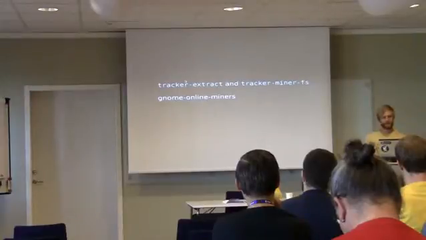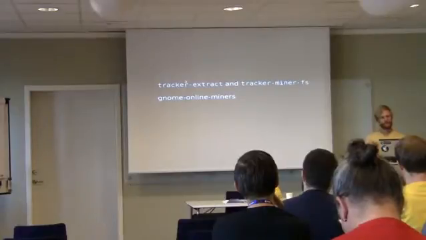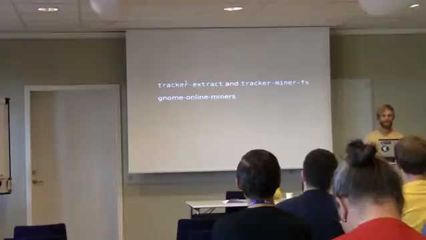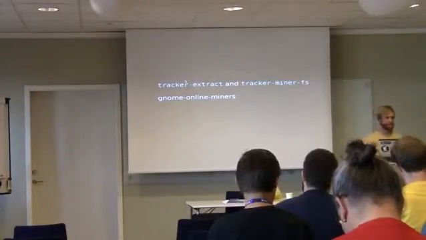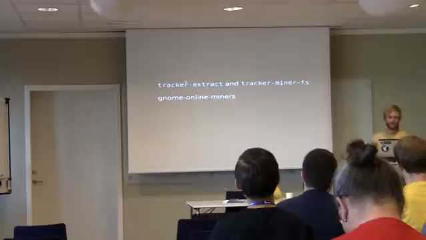So there's two processes called the Tracker file system miner and the metadata extractor, and those run in the background, and when they first run, they crawl a set of certain directories and extract whatever information they can from the files. And then they monitor those files so that when you make changes, the database is updated in line.